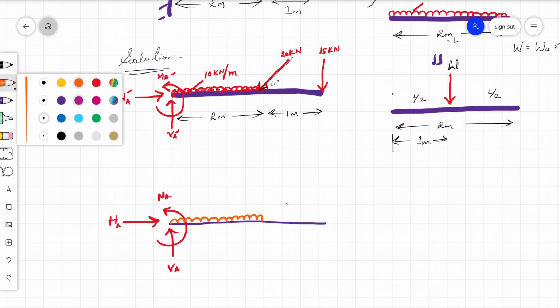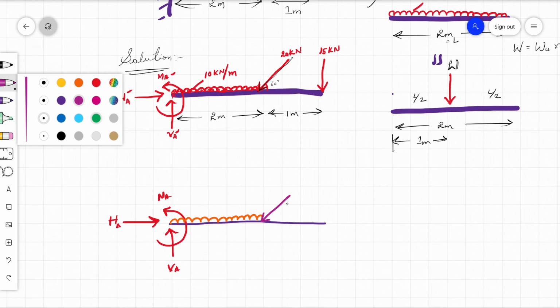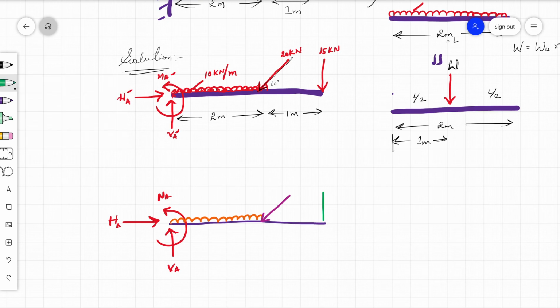And I'll take some other color for the inclined load. This is the inclined load, and the last part is the concentrated load. So I hope you understand now with the help of these color differences.